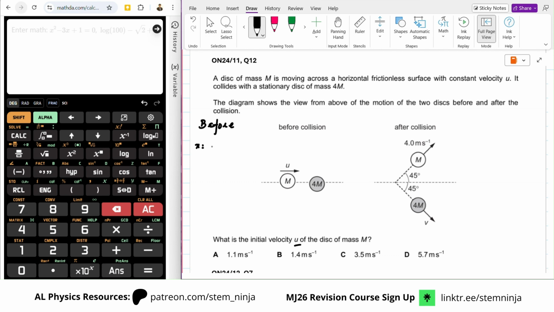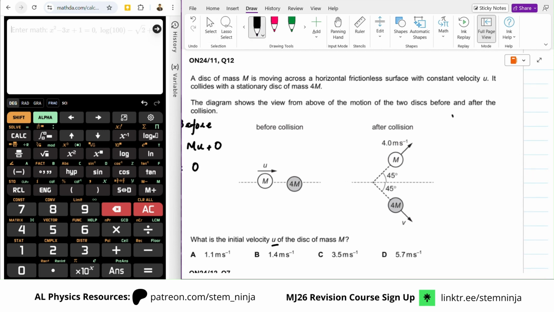We are just considering total momentum first. So you have m times u. Actually, we can just say mu plus 0 because there is no y. There is 0 because there is no motion or no velocity of either of these objects that way.